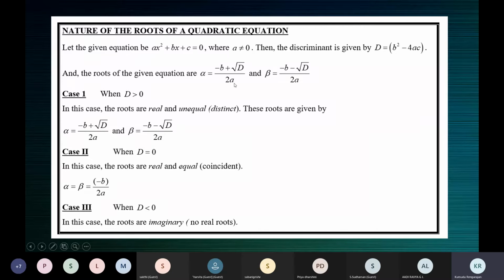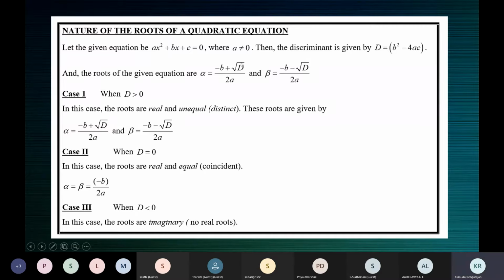So alpha is minus b by 2a, beta is also minus b by 2a. When it is some other positive value, supposing it is 4 just for convenience, the square root of 4 is 2. So alpha will be minus b plus 2, but beta will be minus b minus 2. You will get different values.